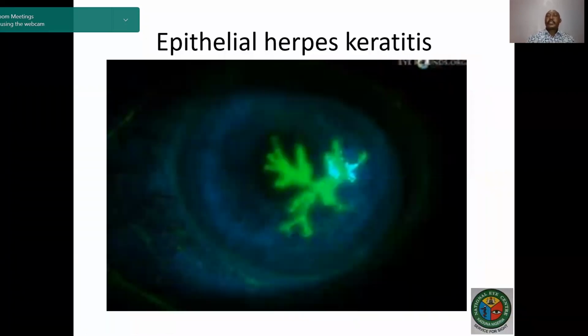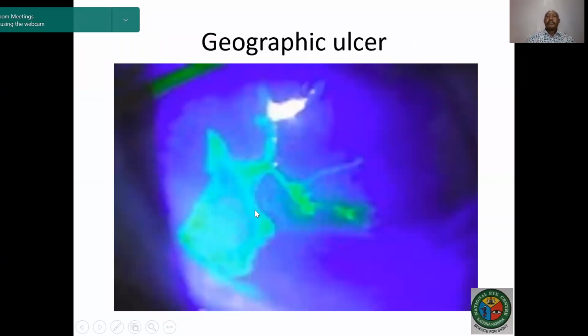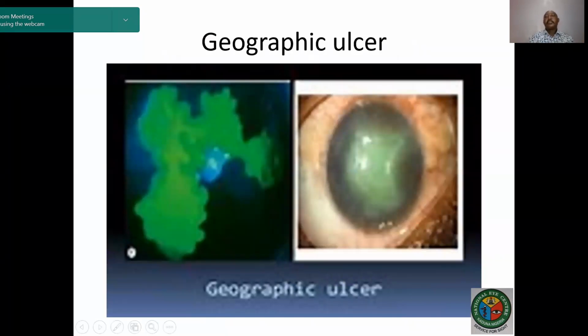Here also we can see it's expanding, and it's becoming more typical, and by this there's a coalescence of the dendrites, the dendritic ulcers, now forming a geographic ulcer. So these are typical, but most of the time the patient may come at different stages.